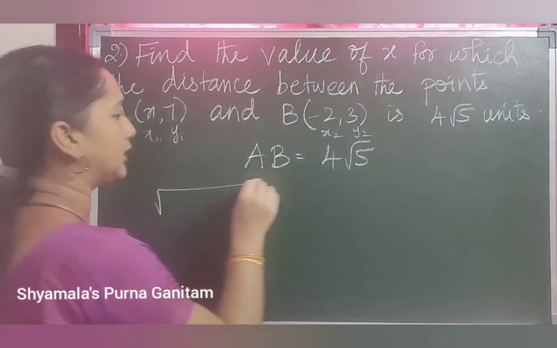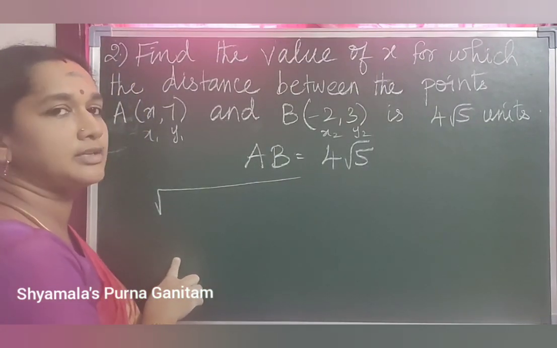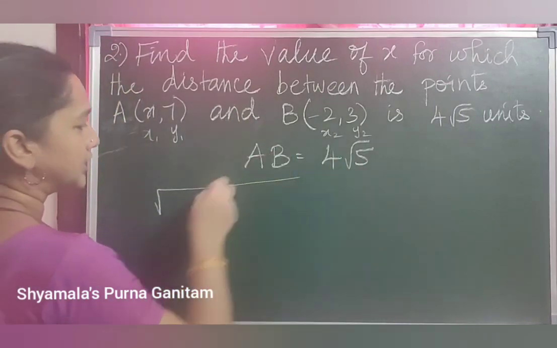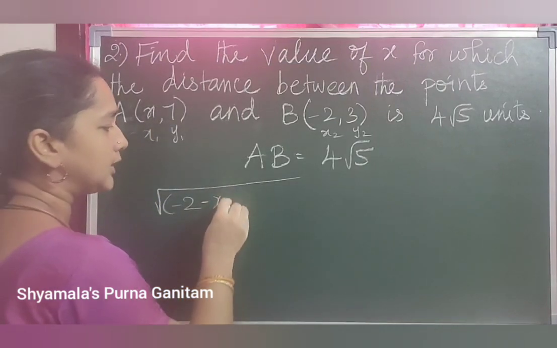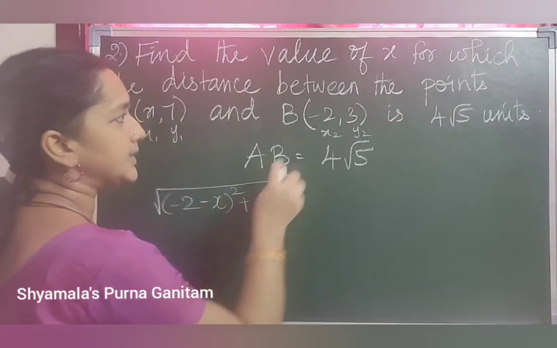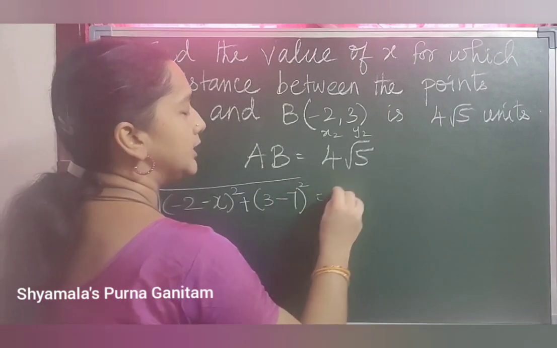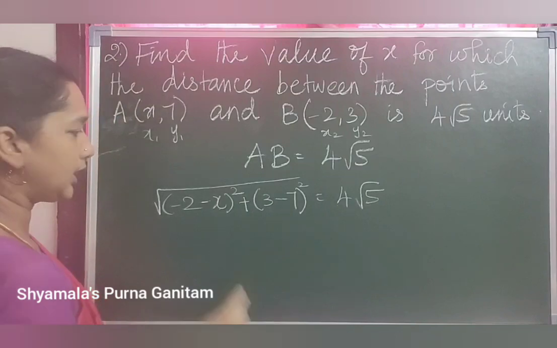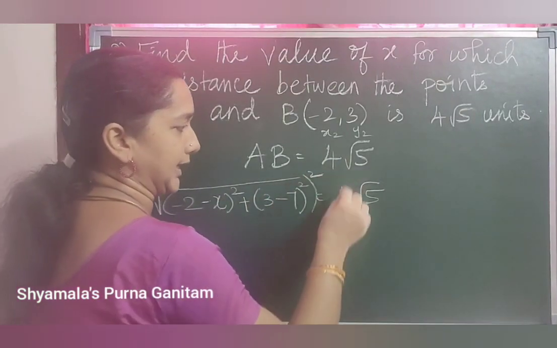So what is the formula? Root of (x2 minus x1) the whole squared plus (y2 minus y1) the whole squared is equal to 4 root 5. For this question, x2 value is minus 2, so (minus 2 minus x) the whole squared plus (3 minus 7) the whole squared is equal to 4 root 5. Now we square both sides; since we are squaring the LHS, we square the RHS also, and the root and the square get cancelled.